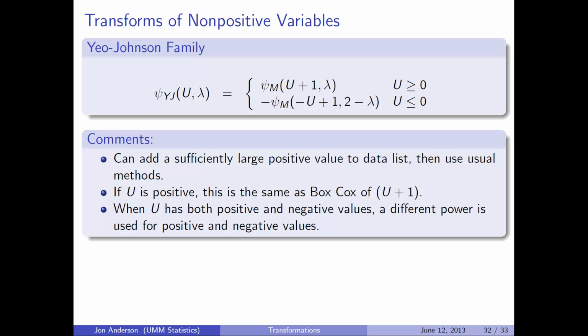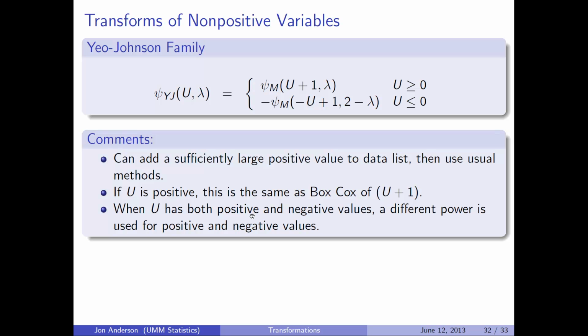So what we do is something that's called the Yeo-Johnson family, and it separates out the values of the variable that are negative and does a separate transform on the negative values, and it separates out the positive values and has a separate lambda transform for those. And that is an option on many of our commands to specify a Yeo-Johnson family for our commands.